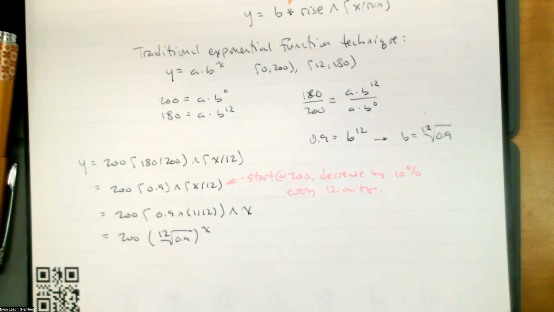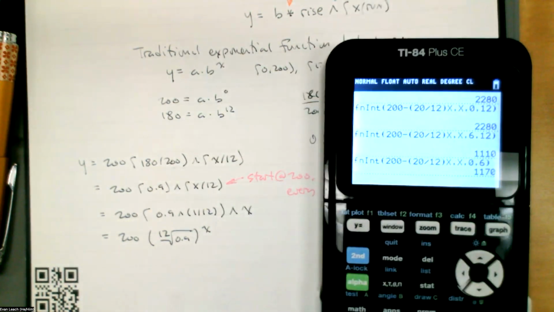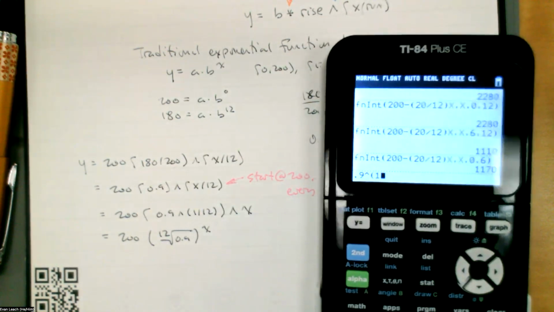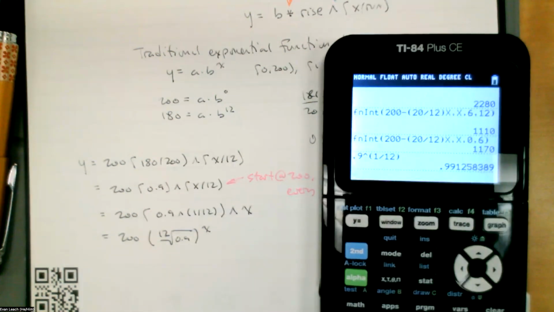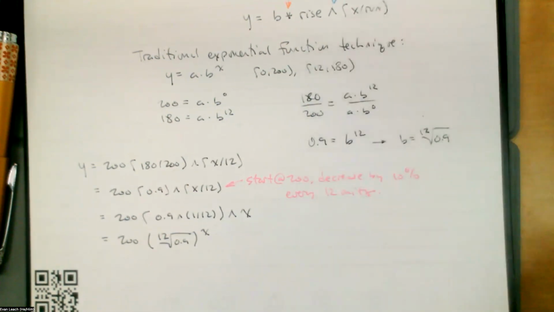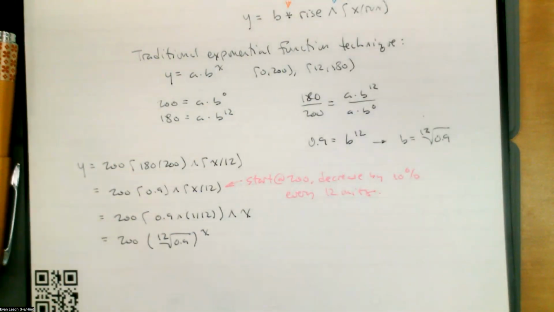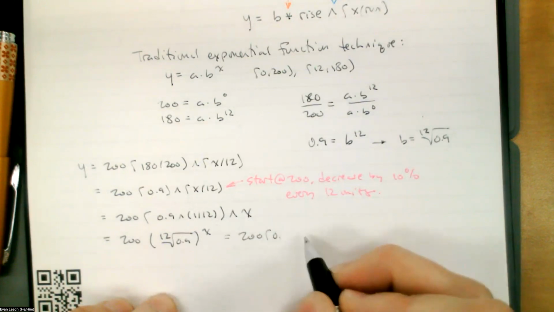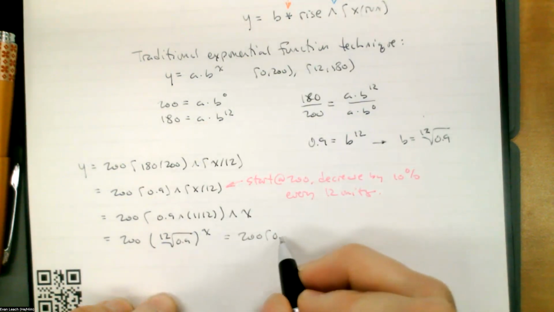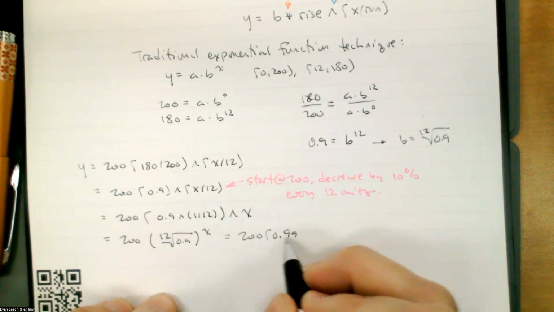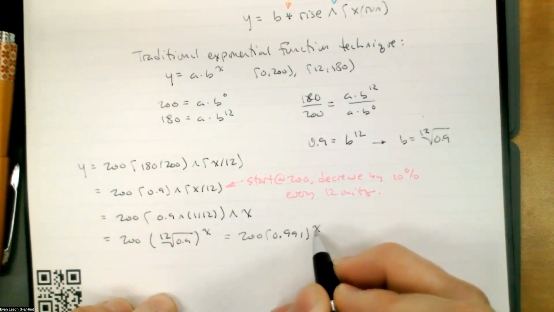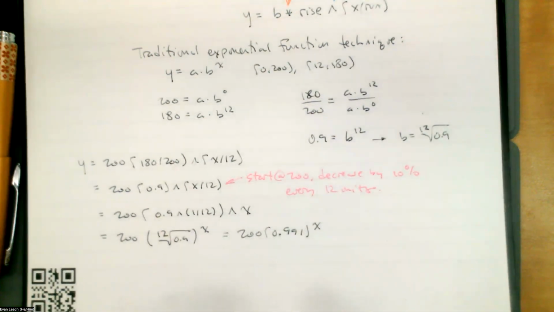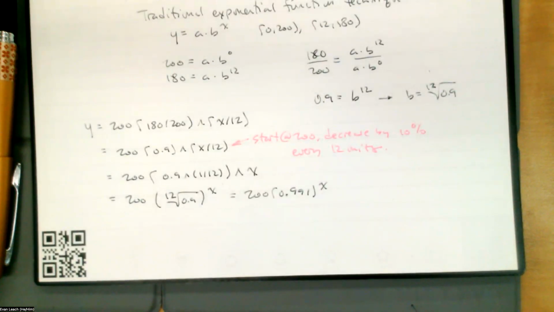If we calculate what the 12th root of 0.9 is, 0.991, I can rewrite this function as 200 times 0.991 to the x. Now this offers us another description. This offers us a unit change description.